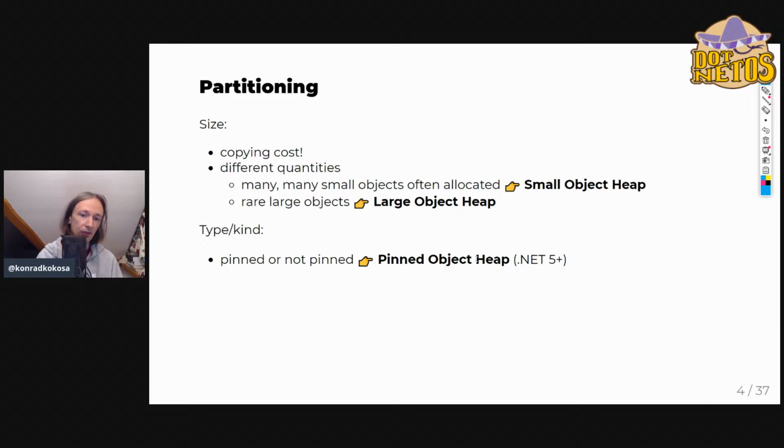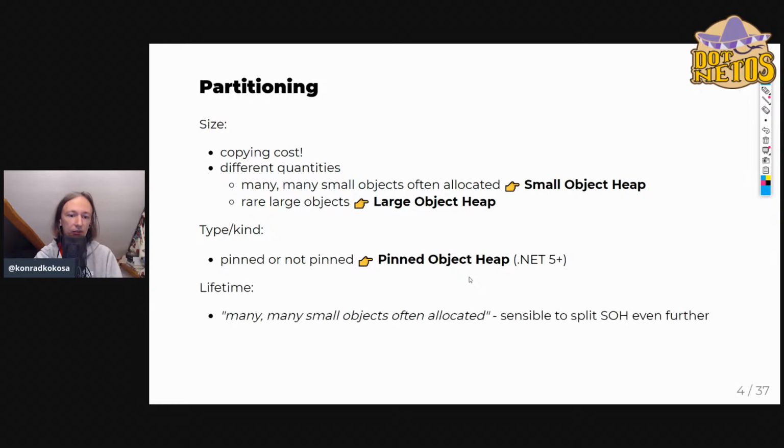If an object is allocated as a pinned object, it will be moved there, which obviously means a new API has been introduced, because we didn't have an API for allocating an object and pinning it at the same time. So now we have an API for that.